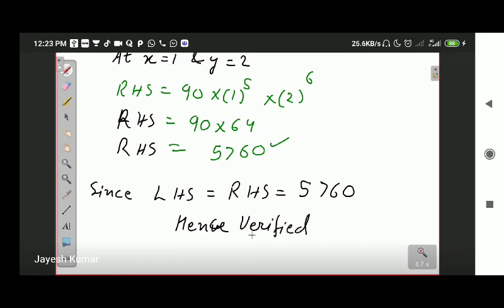We have verified the multiplication. How have we verified the multiplication? We did the multiplication, we put in some values of x and y, and we found out that before and after the multiplication, if we put in the constants, the answers are same. In this manner, you have to also do A part.